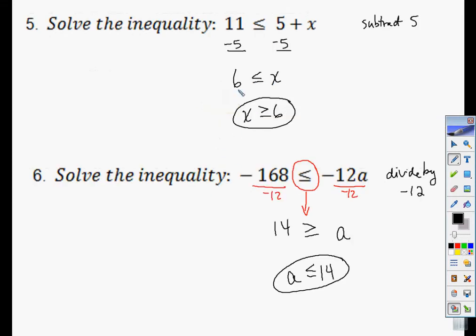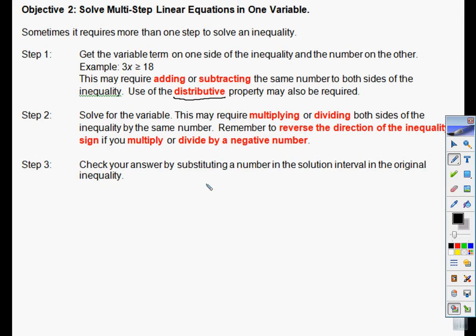And solving for the variable, we're going to be multiplying or dividing by a number again. And remember, whenever we multiply or divide by a negative number, we need to reverse the direction of that inequality sign. And with all inequalities, something that we can do, and we're going to start doing it in this objective, is you can check your answer by substituting a number in the solution interval in the original inequality and see if that inequality is indeed true.